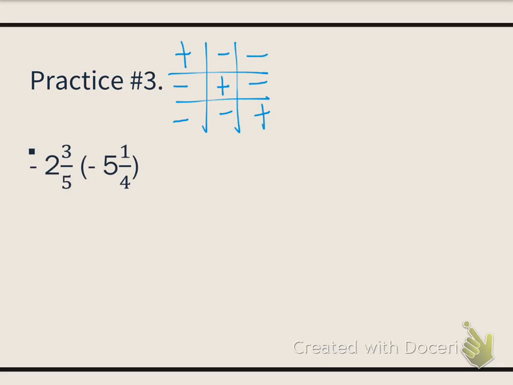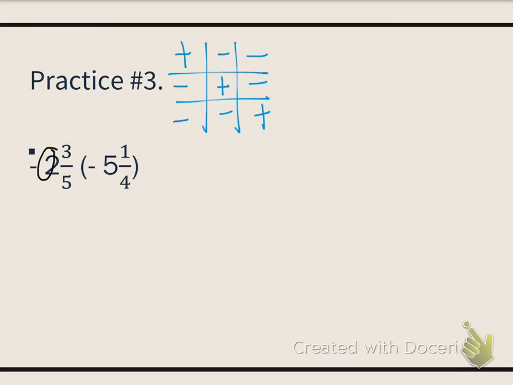Alright, so now we have 2 mixed numbers. We have negative 2 3/5 times negative, that's what the little parentheses mean, remember: if there are 2 numbers right by each other, they're connected by parentheses, times negative 5 1/4. Well, we can't multiply these together, so we want to convert them to improper fractions.